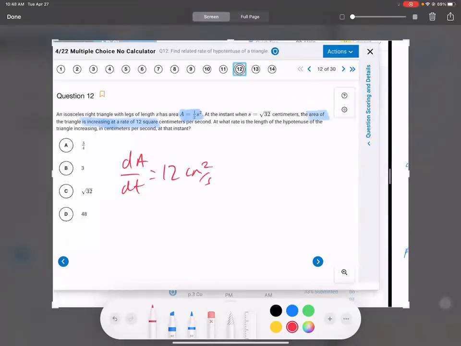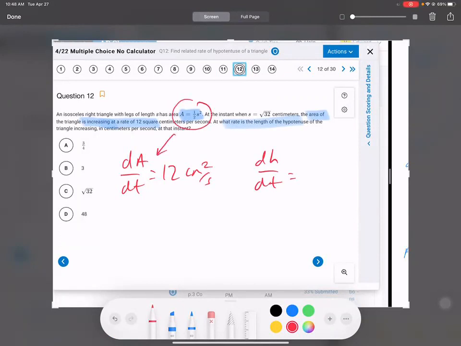They ask the follow-up question, what is the rate of the hypotenuse? So I'm thinking I need dh over dt. These are the things that I'm just automatically saying. They give me this, I need this. Now, how can I get from here to here? We know it's just the derivative.